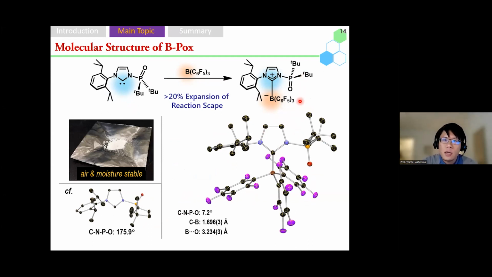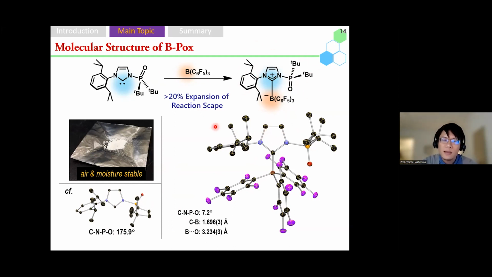As you can see, phosphine oxide rotates nearly 170 degrees from anti-free state to syn conformation. We quantitatively evaluated that the reaction field around the carbene was drastically expanded over 20%, and thus Toxin can accept such a huge Lewis acid to make a stable adduct.